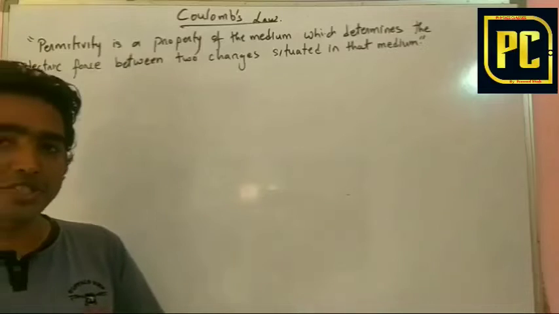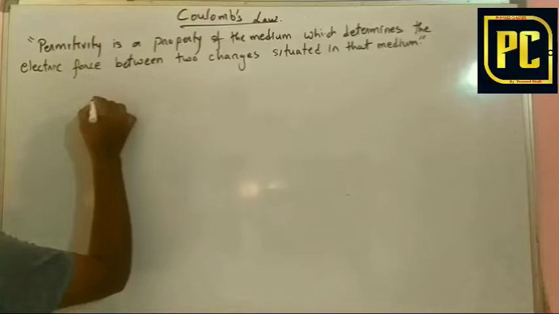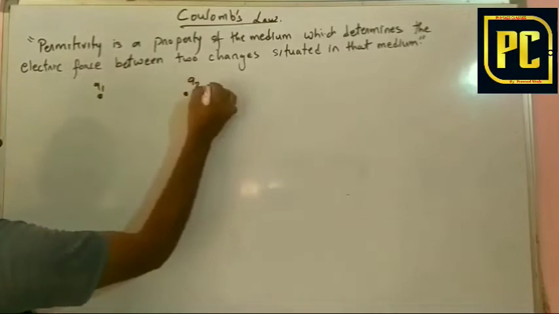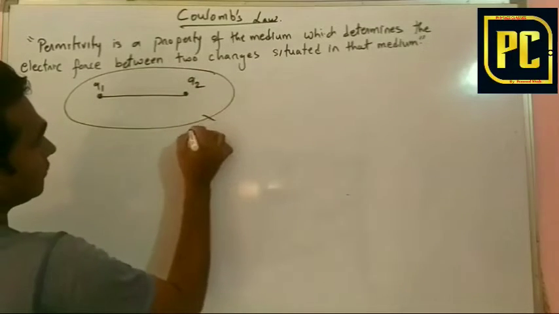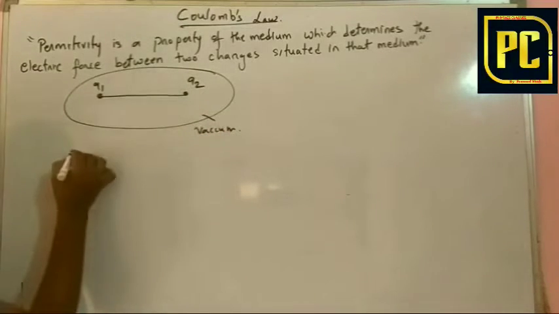Now we will see how Coulomb's law, the force of attraction or repulsion, changes when we change the medium. Suppose we have these two charges Q1 and Q2 in vacuum.